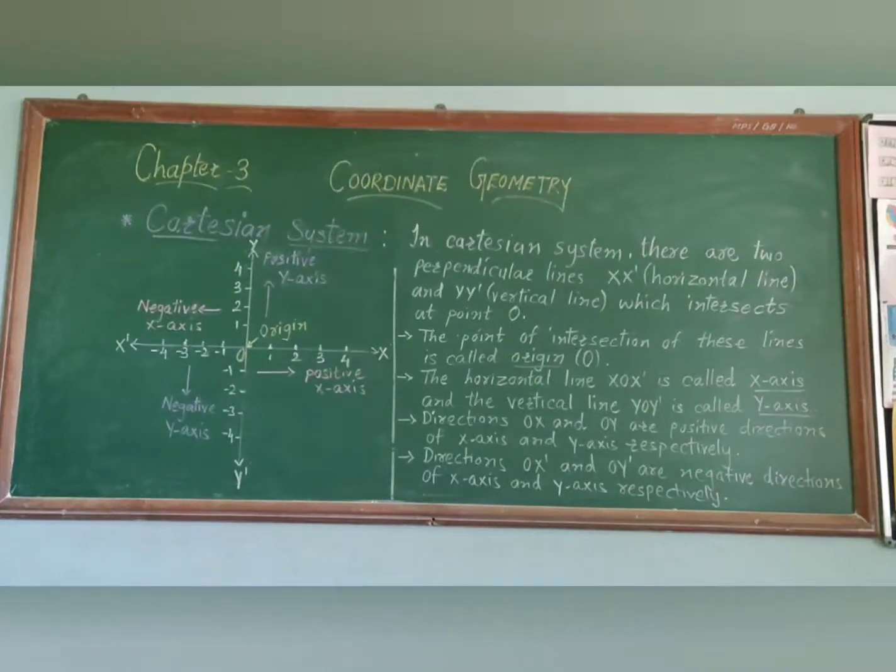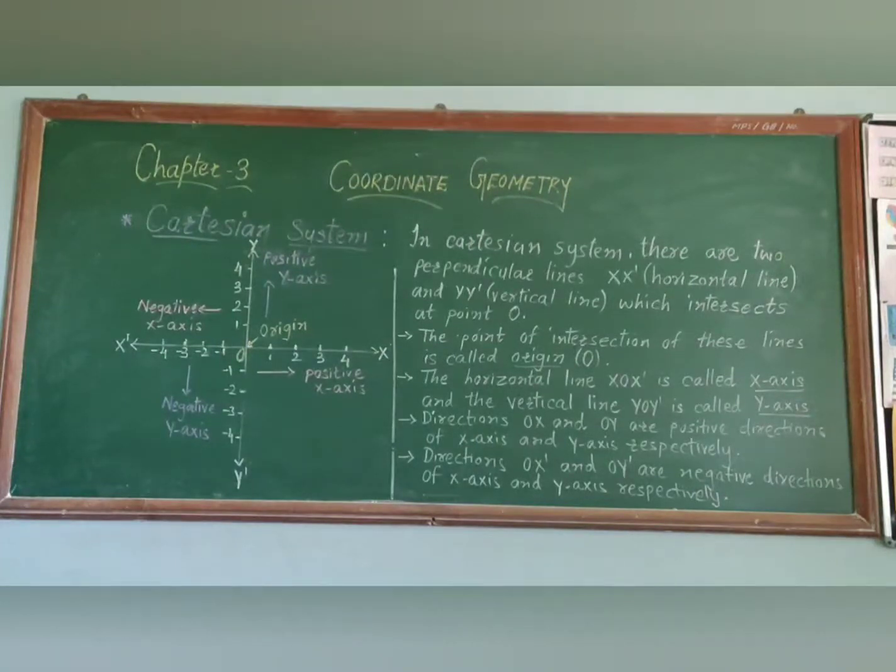For this system where he used these two number lines, one horizontal and another vertical, he gave the name Cartesian system.